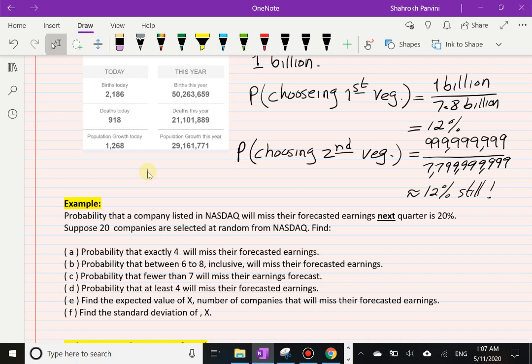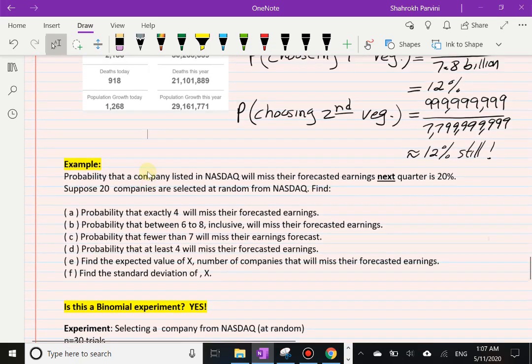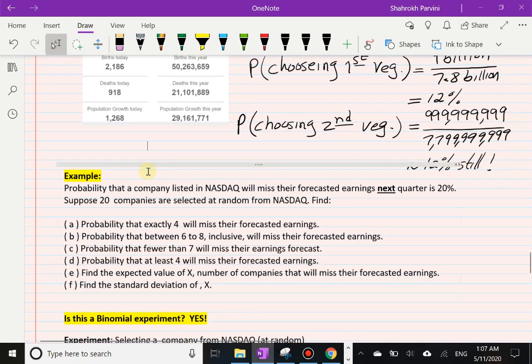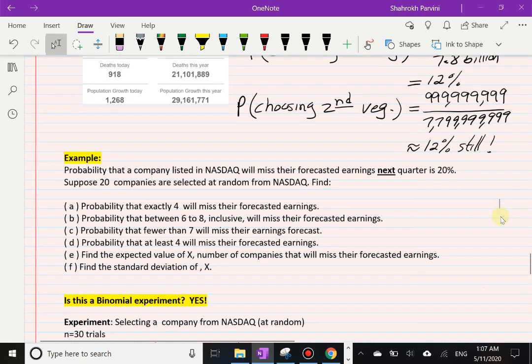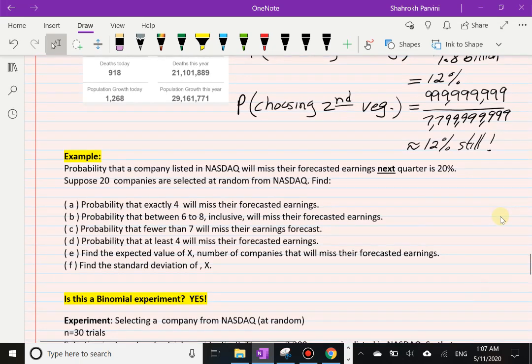Okay. So, first of all, is this a binomial experiment, what we're about to do here? It turns out that yes, it is, and I'm just going to justify all of those assumptions. First, our experiment here is selecting a company at random from the NASDAQ market. We have 30 trials. Each time you select one company, you are repeating that experiment.